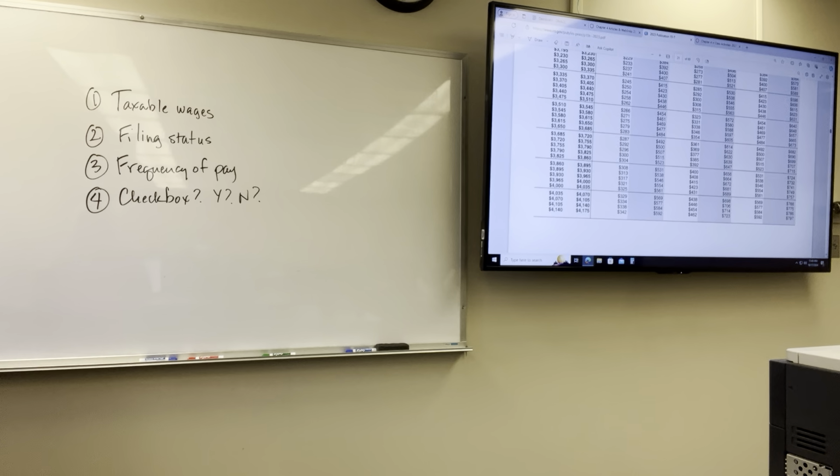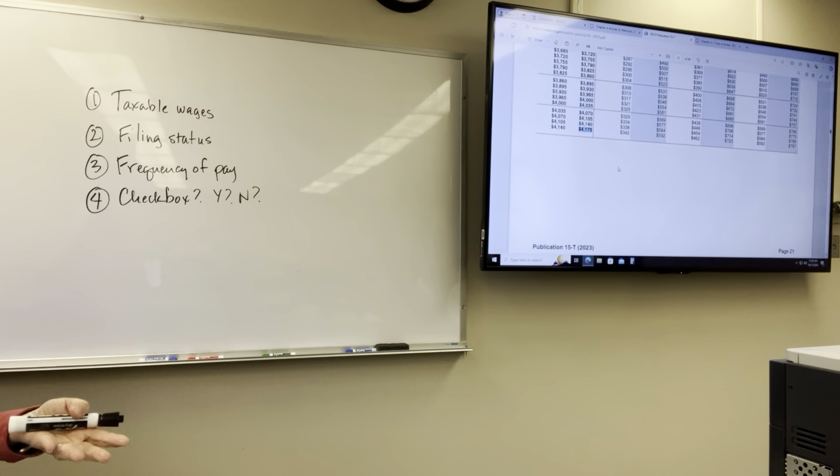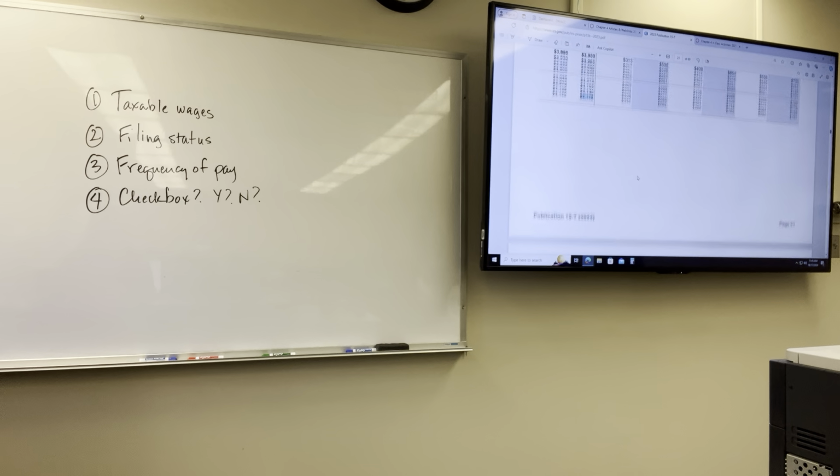And actually, if they're making exactly $4,175, we can't use the table, because recall, this second column is less than. So it's got to be less than that number, and $4,175 is not less than $4,175.